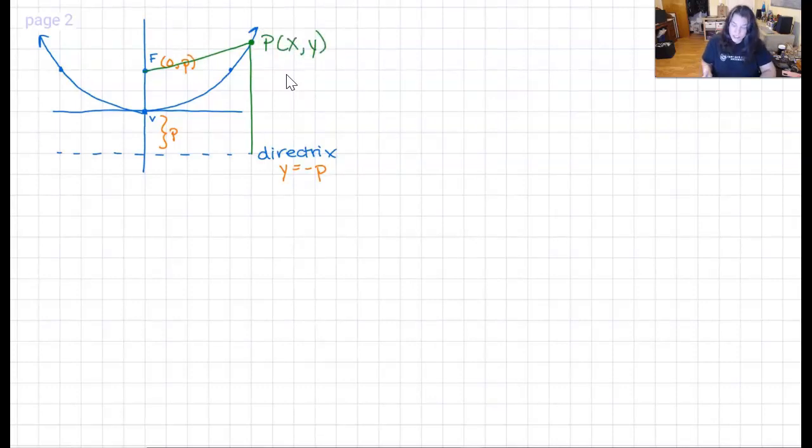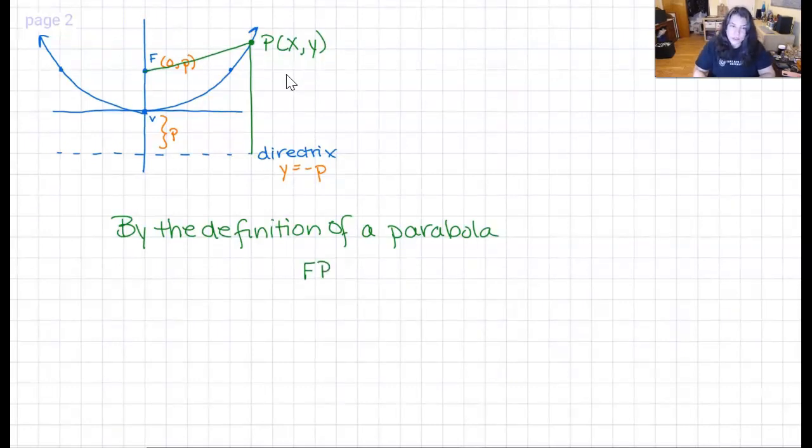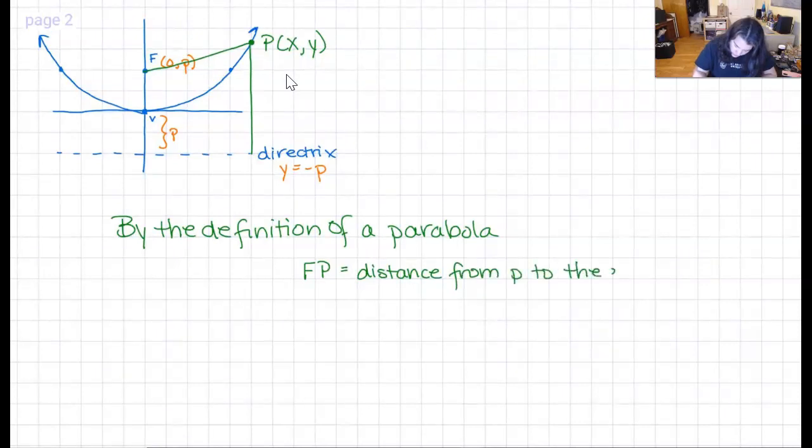So by the definition of a parabola, the distance from F to P, which we can just call it that, that's the notation for the distance from F to P, should be the same thing as the distance from P to the directrix.